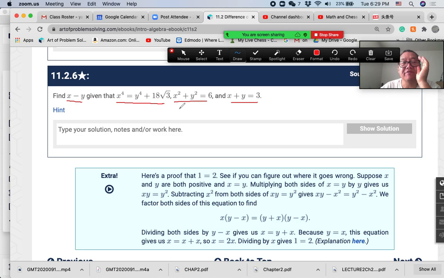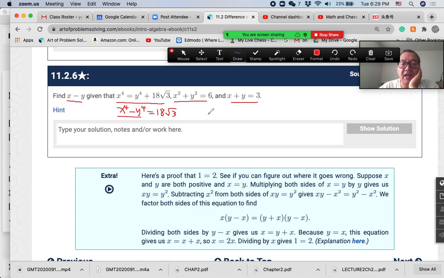So how can we find x minus y? This one, I immediately see this. x to the power 4 minus y to the power 4 will equal 18 times root 3, right? Then they give us x squared plus y squared equals 6.